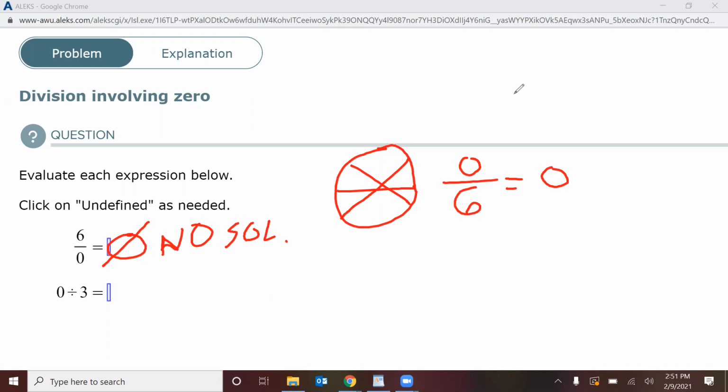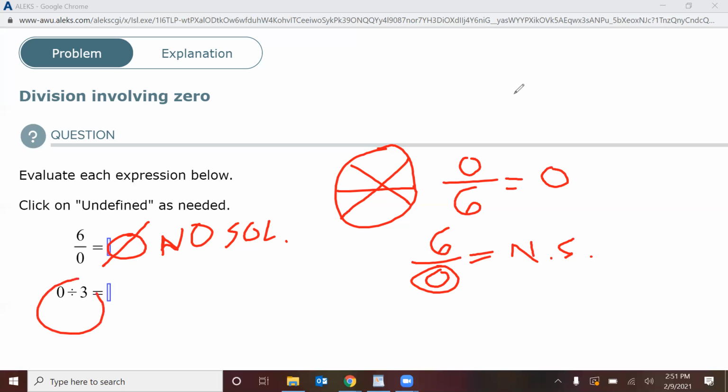On the contrary, if you got 6 pieces out of 0 pieces available, well, that doesn't make any sense. You got something out of nothing, and so no solution. So that's why division by 0, or 0 in the denominator of a fraction, does not work.